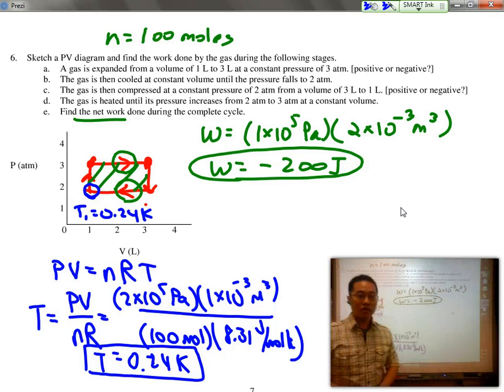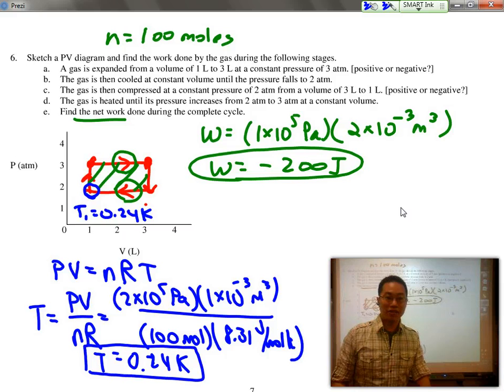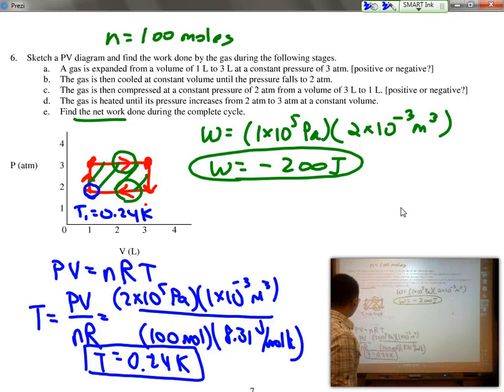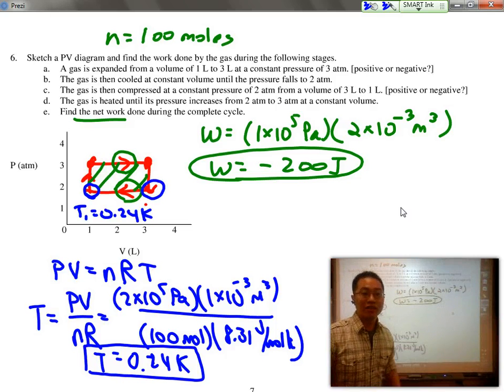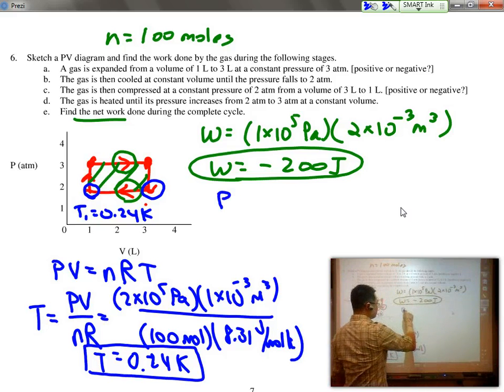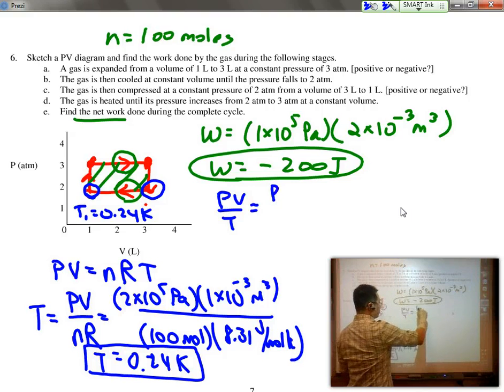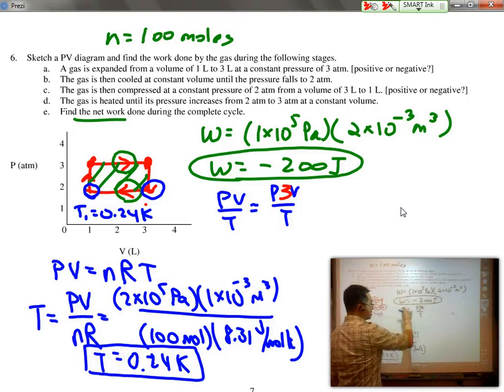Now using the combined gas law, we should be able to figure out what's happening to the temperature at each location. Well, if you were to solve for the temperature at this location, we know that the volume has tripled. That's PV over T equals PV over T. The volume has tripled, but the pressure stays the same.